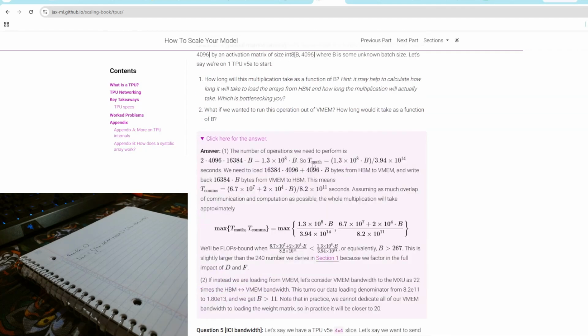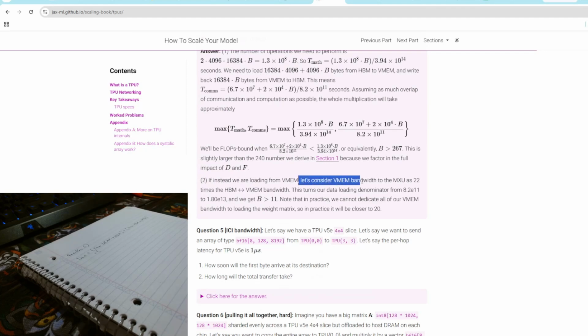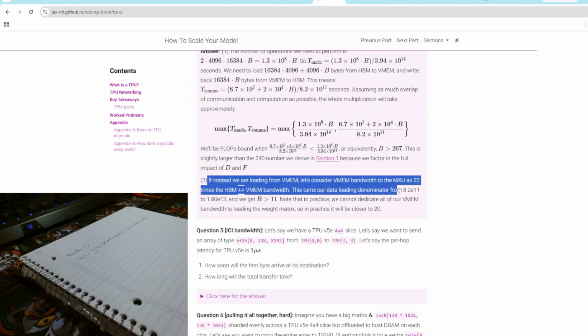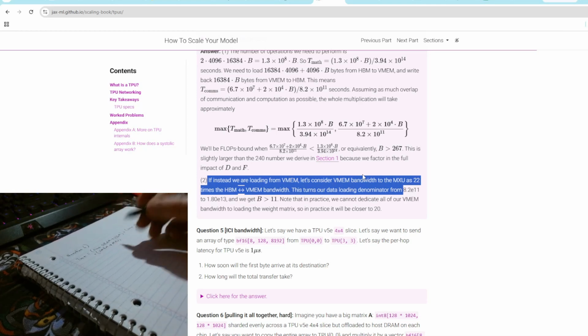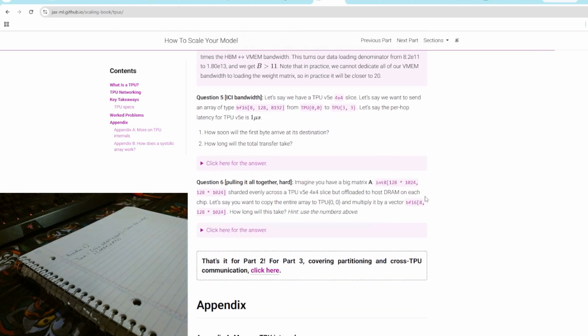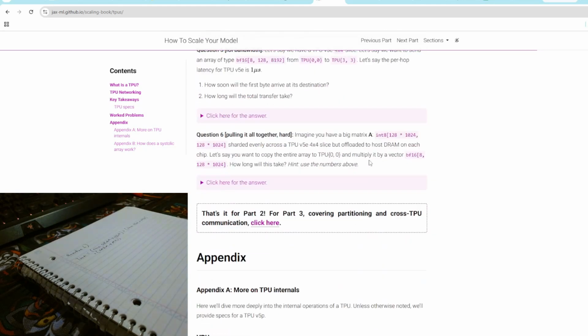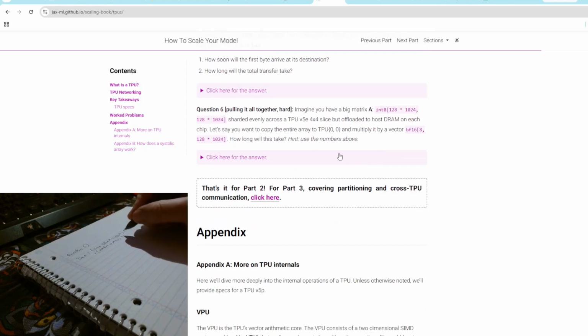Which one was it? So yeah, let's just do it. Plus VMEM to matrix multiply unit. Well, I hope it's a matrix multiply unit, not the vector one. But whatever, the same idea. Plus time multiplication. Alright, let's do all of these bad boys.